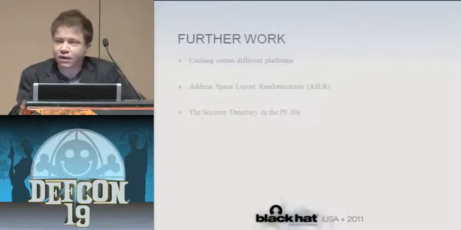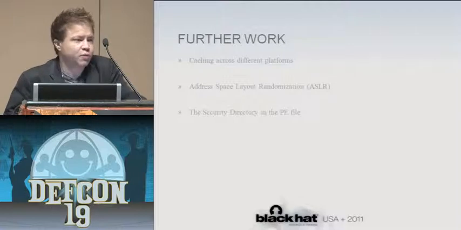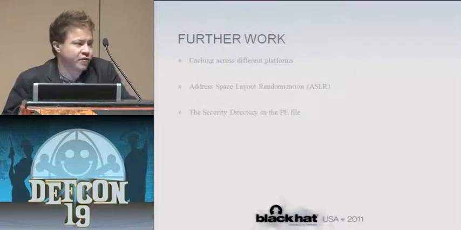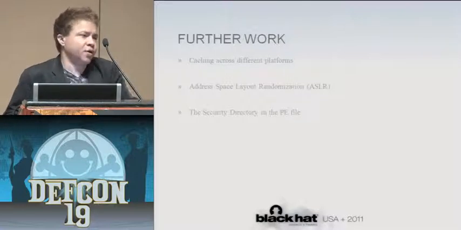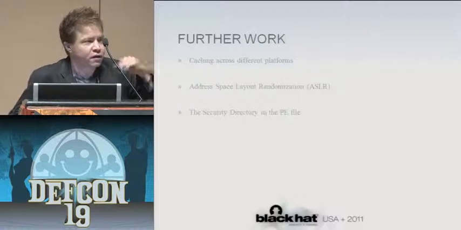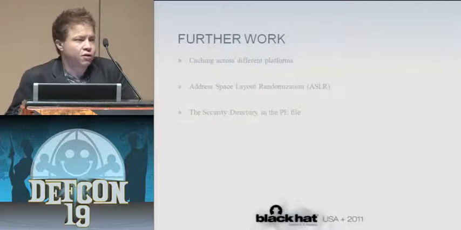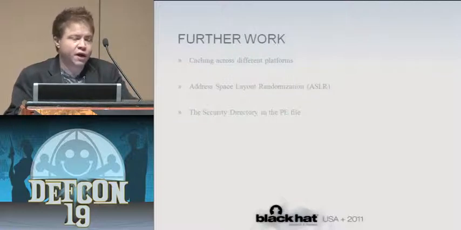The caveats involve dealing with ASLR, because it changes the address space a little bit when programs load. But we have all the data we need to reverse that, so we can fix it up and run the fixed-up data through our hash and get the same hash values. Also, there's something called the security directory on some files.